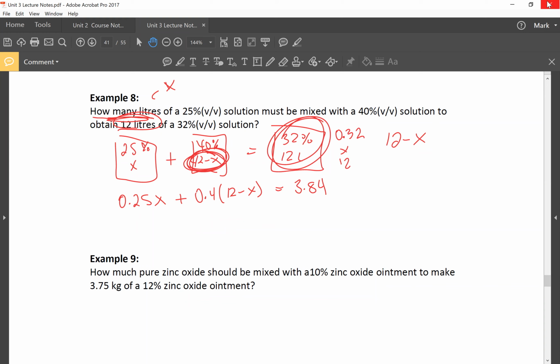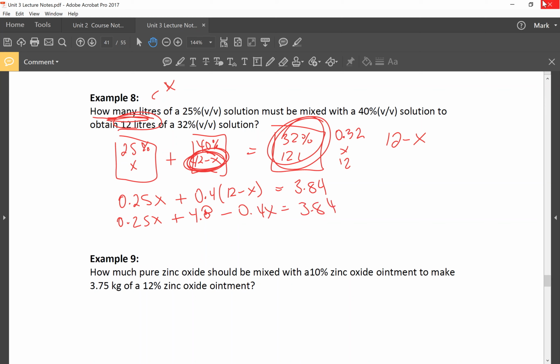I just multiplied those numbers together. Okay, so I multiply all of this out, solving the left side. What I end up getting is 0.25x plus 4.8 minus 0.4x equals 3.84.